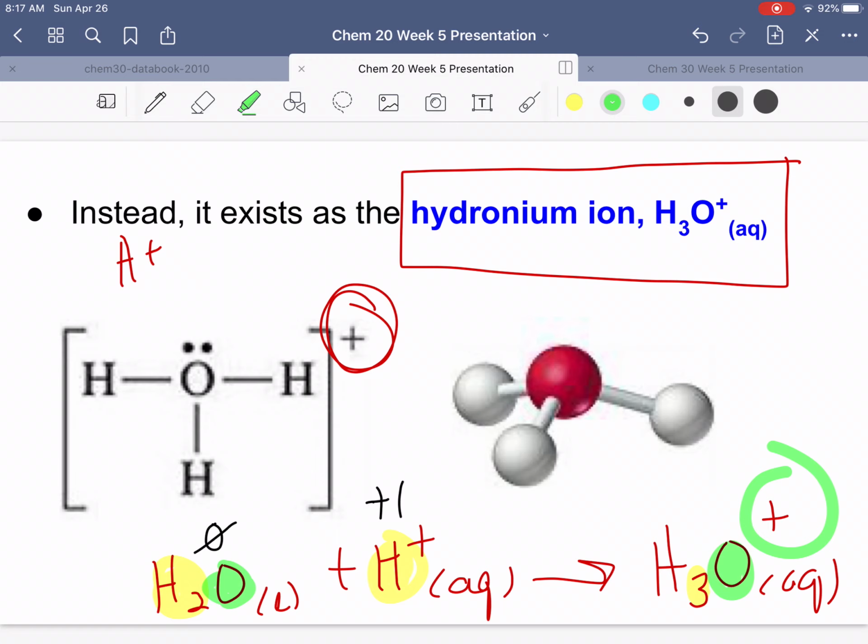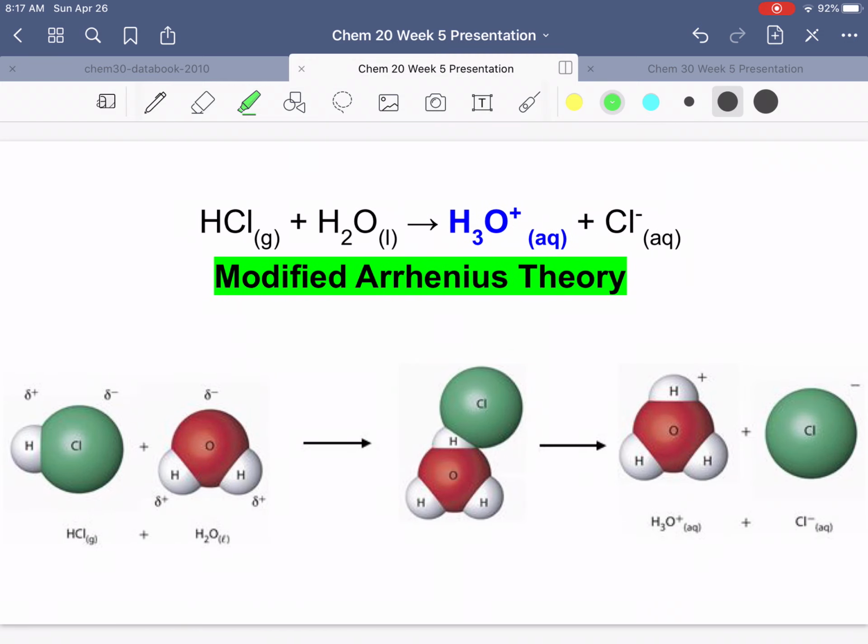Hydronium. Okay. Now, let's look a little bit more at this from a molecular perspective. You have this diagram in your notes, and be aware we are no longer talking about just Arrhenius theory, but we are now in the realm of modified Arrhenius theory. From here on in, guys, when it comes to acids, this is the theory I need you to focus on.